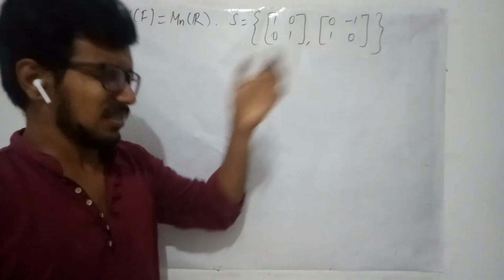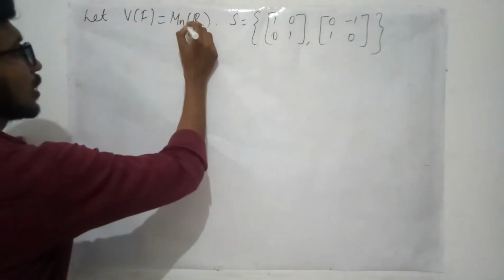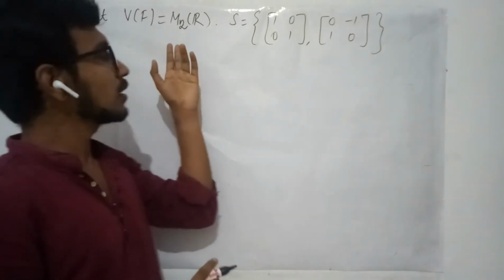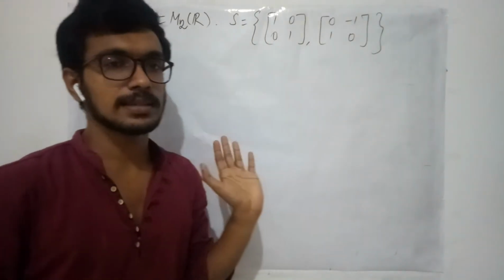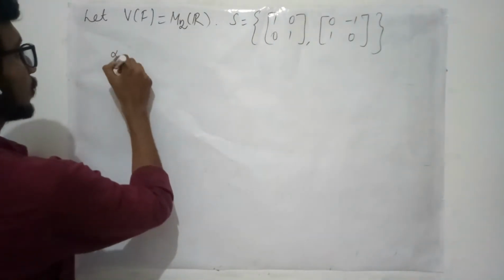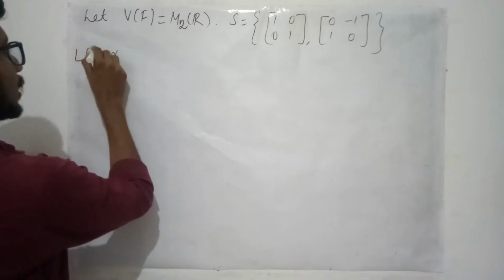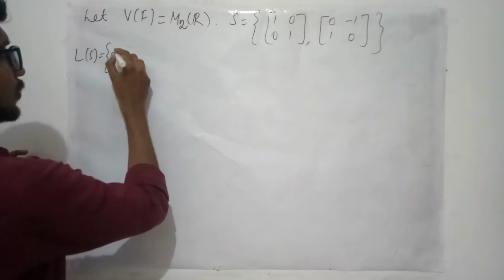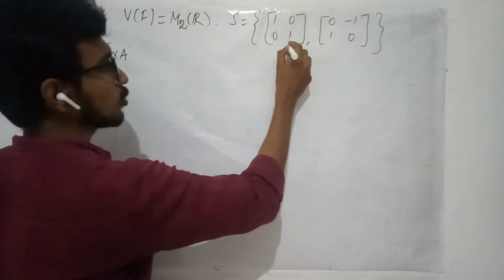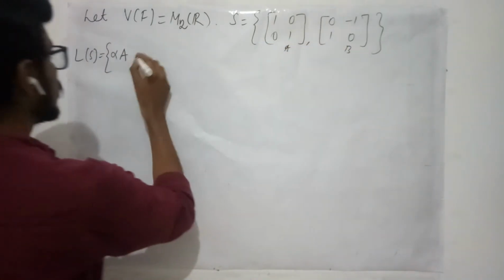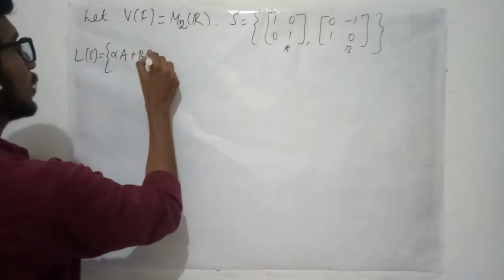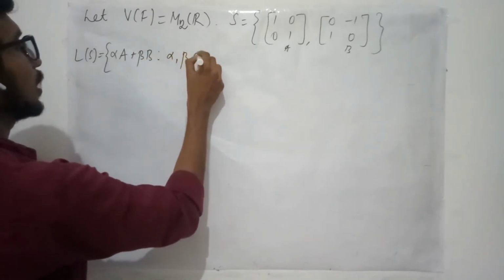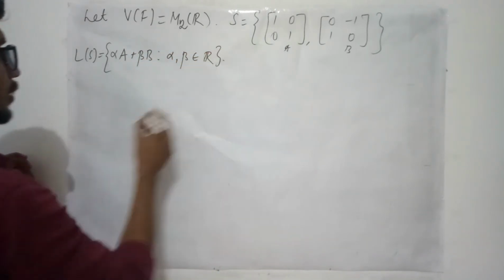Now I am trying to find L of S. L of S is going to consist of elements of this form. Let me name these A and B. So alpha A plus beta B, where alpha and beta are taken from the reals.